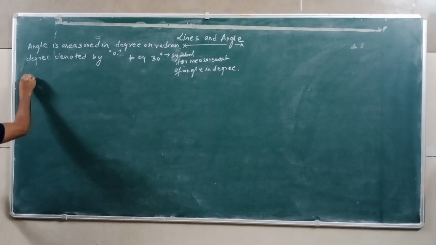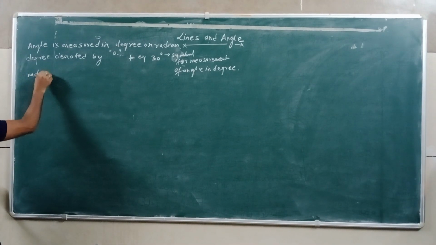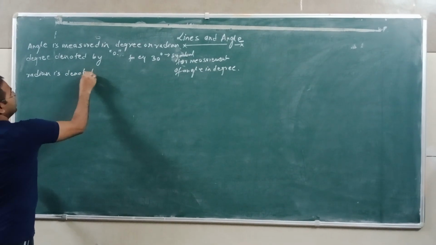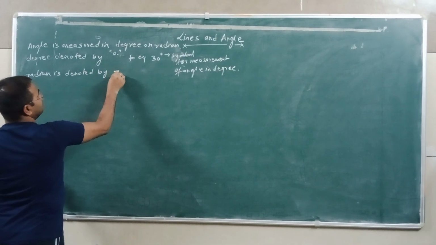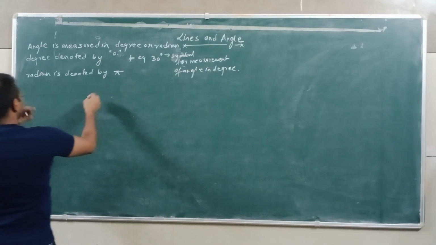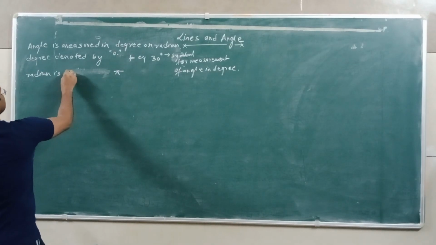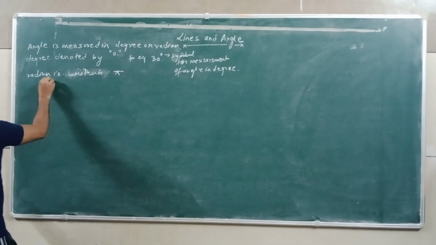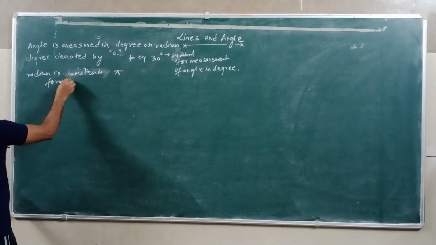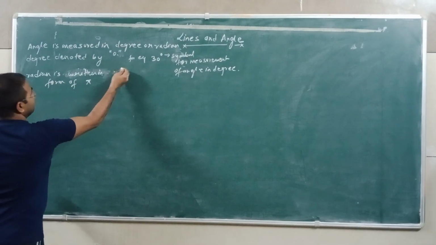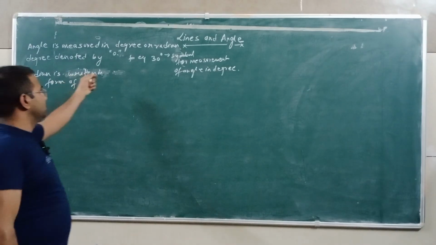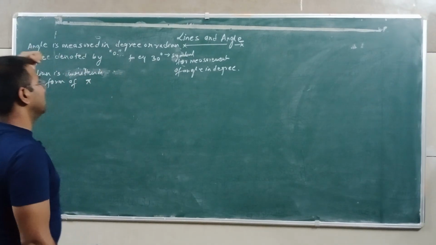And radian is written in the form of pi. Okay, so this thing you will learn in higher classes. Till 10th class you will learn about the degree only.